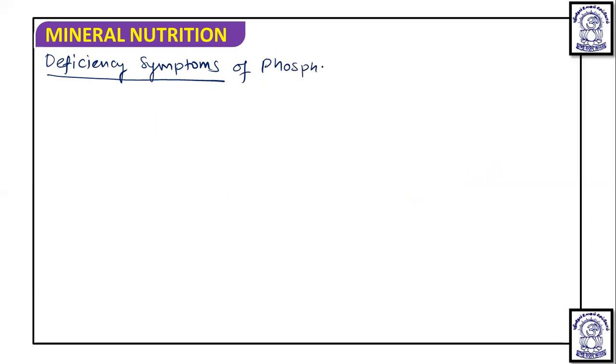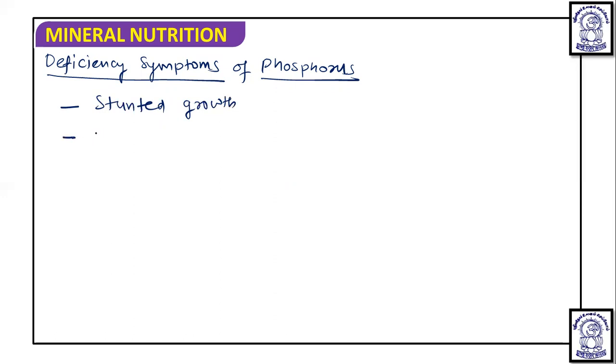Now if we talk about their deficiency symptoms of phosphorus, then dear students, when there is less phosphorus in the particular plant body, you will see stunted growth, means height is decreased.